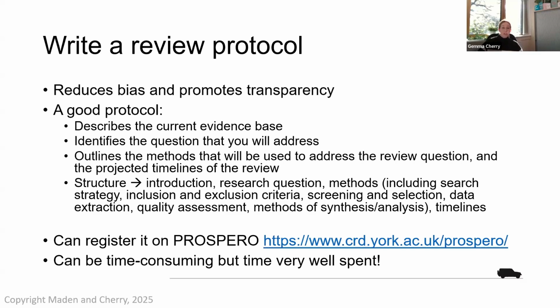Although this can be time consuming, it protects against bias and subjectivity creeping into your review later on in the decision-making stages. And importantly, it claims the review as well. So if you register your protocol on a database like Prospero, other researchers can see that you're doing it. It doesn't completely guard against duplication, but it protects against it as much as you can.